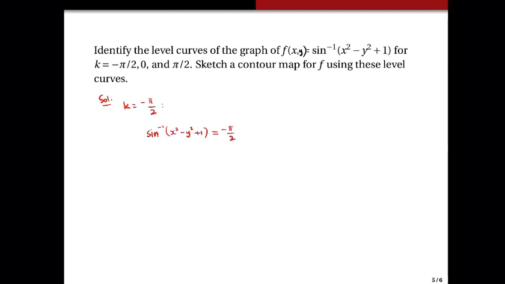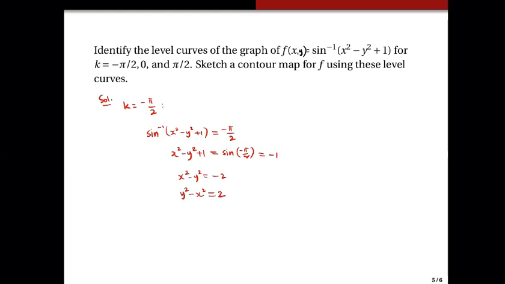Or this means you have x squared minus y squared plus 1 equal to sine of negative pi over 2. And what is sine of negative pi over 2? That's negative 1. So this is equal to negative 1. Therefore, we'll have x squared minus y squared equals negative 2, or we have y squared minus x squared equals 2.